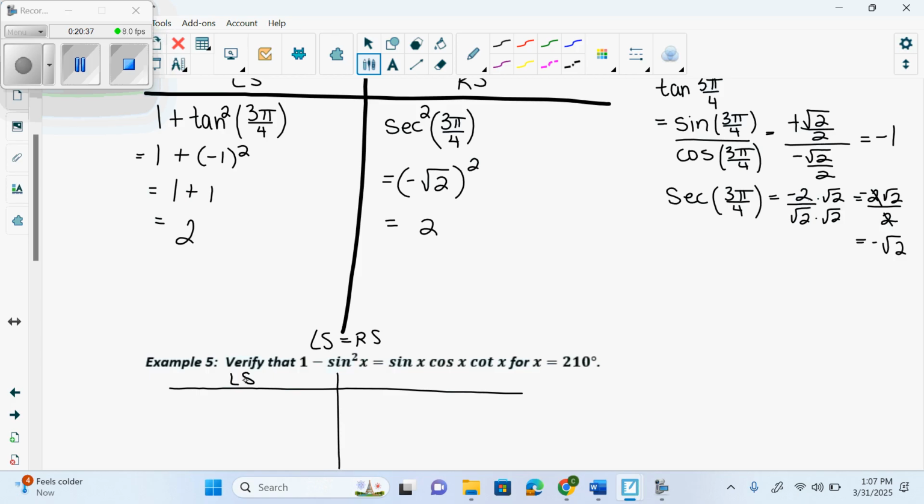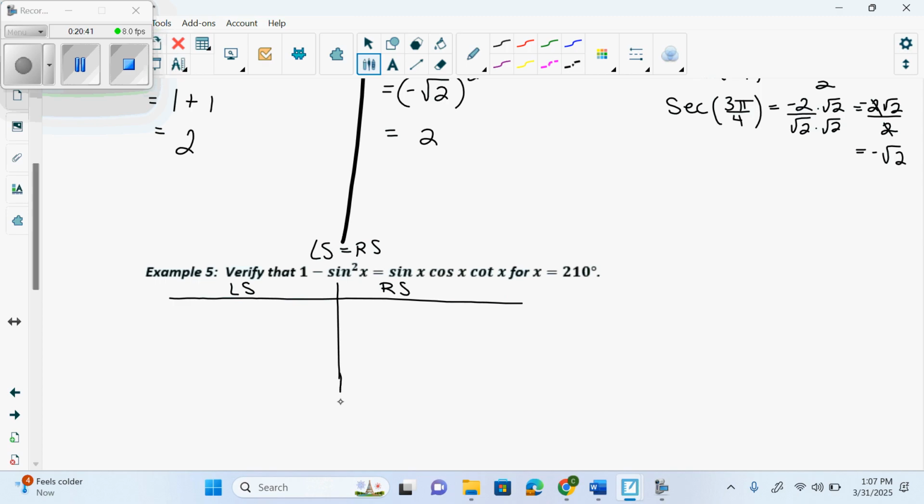LS, RS. So here, we have 1 minus sine squared 210 degrees, and then we get sine 210 degrees. Make sure you have degree symbols. Cos 210, cotan 210.